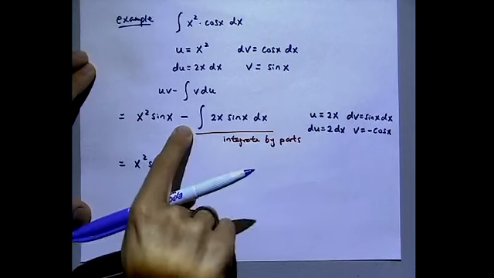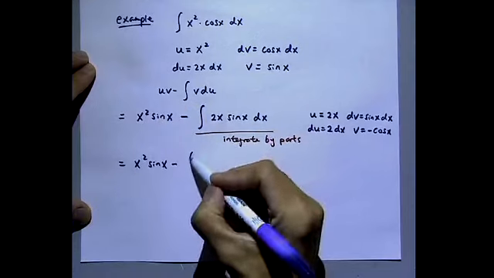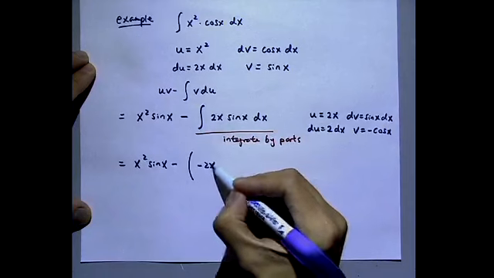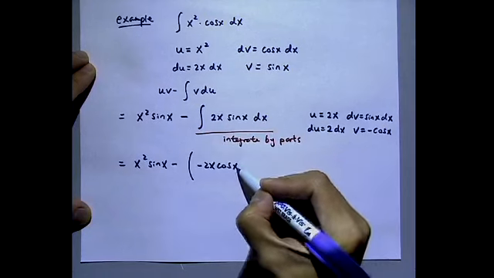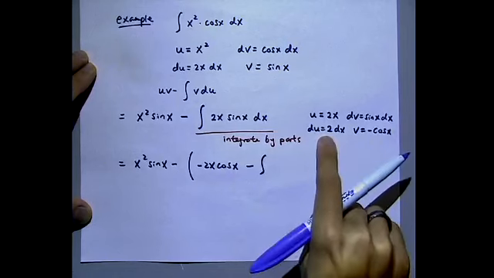Okay, now we have minus. Now we do another one of these. uv minus the integral of v times du.